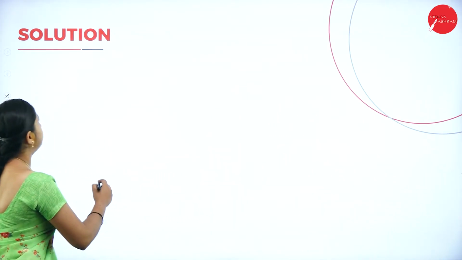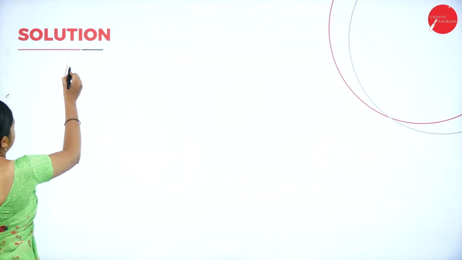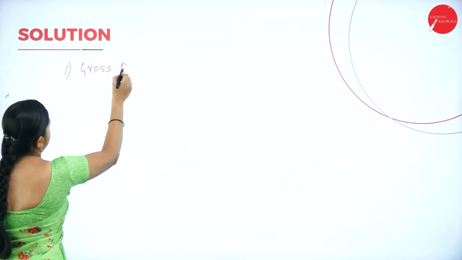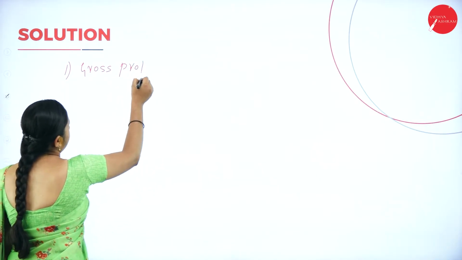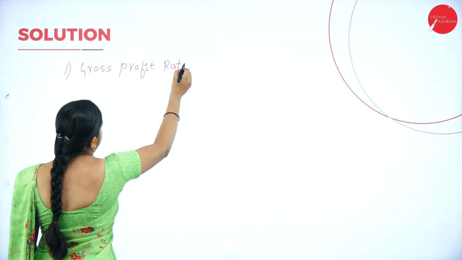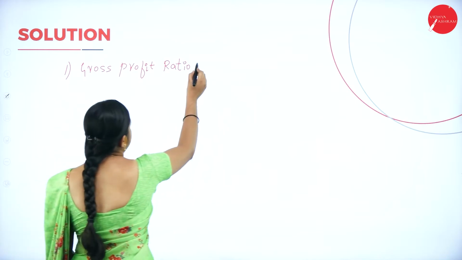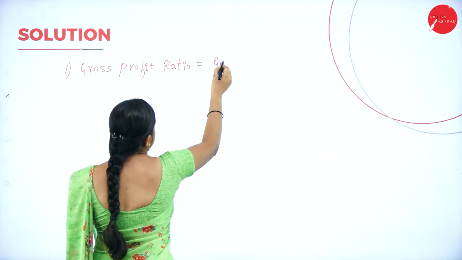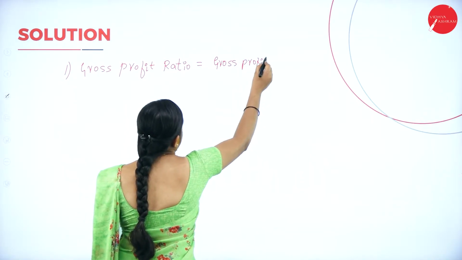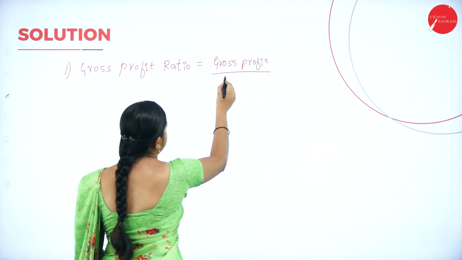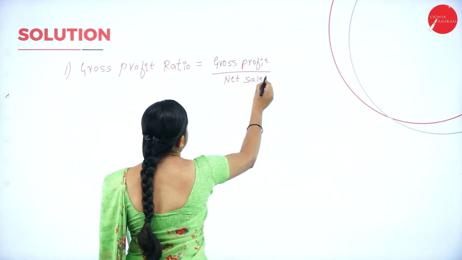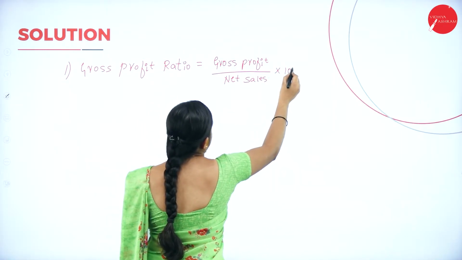First, write the formula. Gross profit ratio is equal to gross profit divided by net sales into 100.